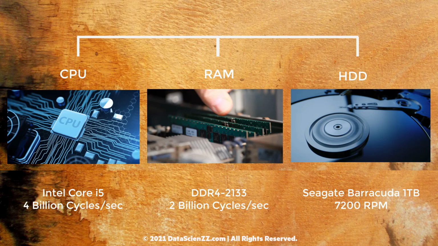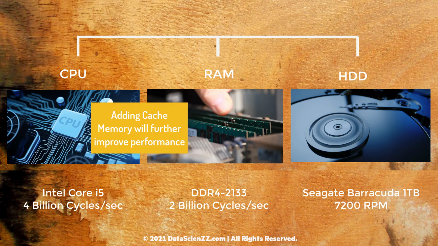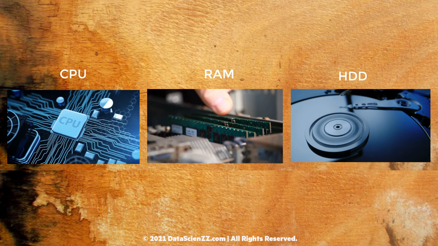A RAM is roughly 5,000 times faster than a traditional spinning disk. Hence, the CPU doesn't need to wait long for the data feed. Adding cache memory will further boost performance, as it is 10 to 100 times faster than a DRAM. Now, the traditional database management system stores data in the disk.